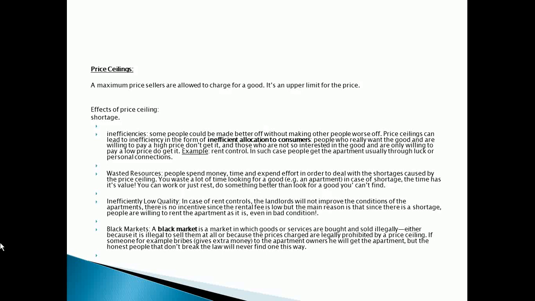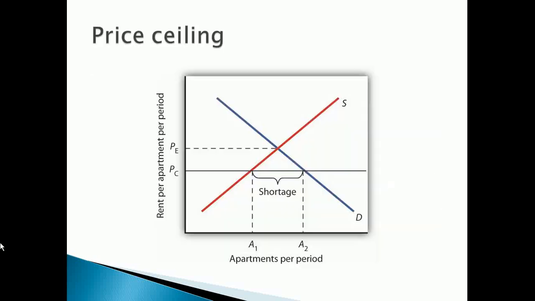And you can see that point A2, at the enforced price of PC, is what individuals demand, the number of houses, accommodations that tenants are scouting for. So price ceiling usually leads to shortage because suppliers are not comfortable with the prices.